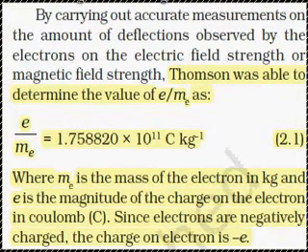Thomson was able to determine the value of e upon me as 1.758820 into 10 raised to 11 coulomb per kg, where me is the mass of electron in kg and e is the magnitude, means value of the charge on the electron in coulomb, which is written as capital C. Since electrons are negatively charged, the charge on electron is minus e.